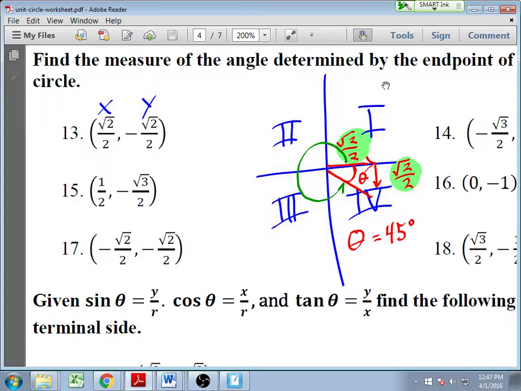So to figure that out, what math do you do? 3 times 90. Not 3 times 90. 3 times 90 plus 45. Or just do 360 minus 45. We've gone the entire circle except for the last 45 degrees, and that gives me 315 degrees.